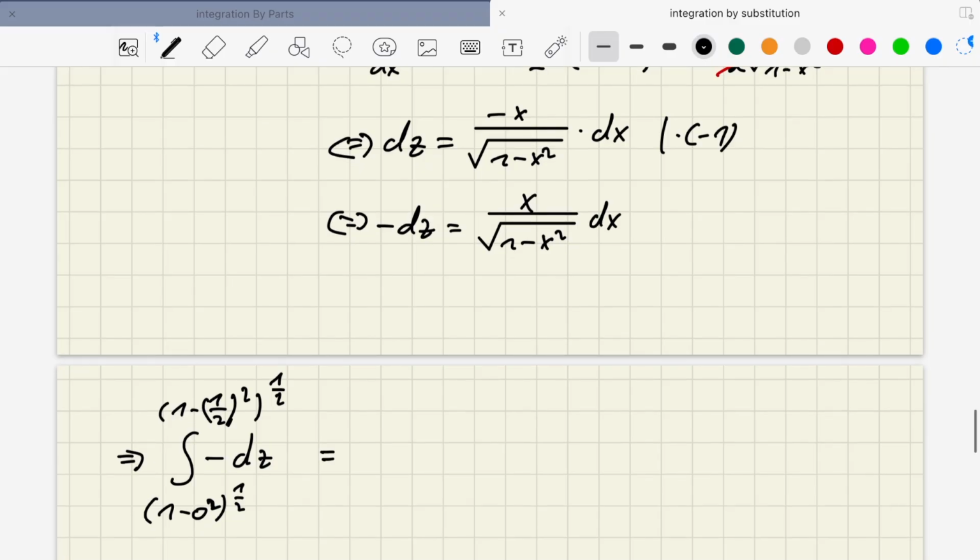Okay, this is equal to minus the integral dz, which is equal to minus the integral of z.